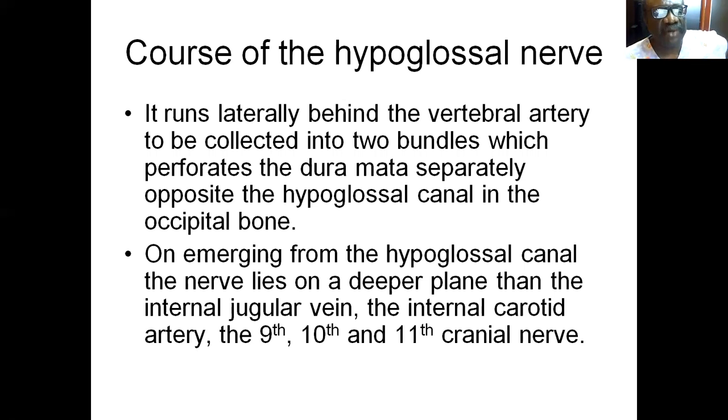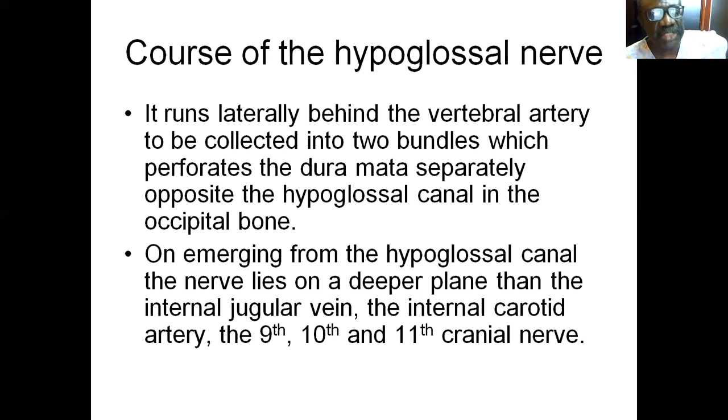On emerging from the hypoglossal canal, the nerve lies on a deeper plane than the internal jugular vein, and then the internal carotid artery, and then the 9th, 10th, 11th cranial nerves. And let me go again.